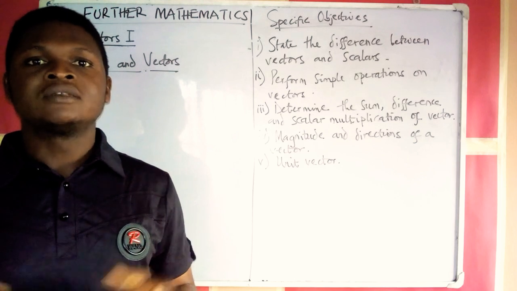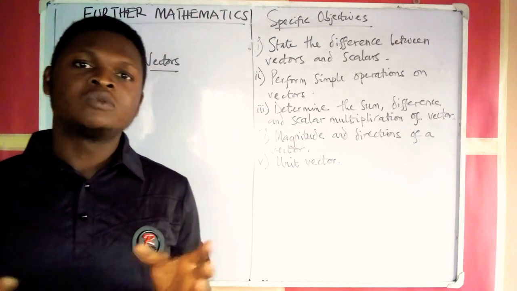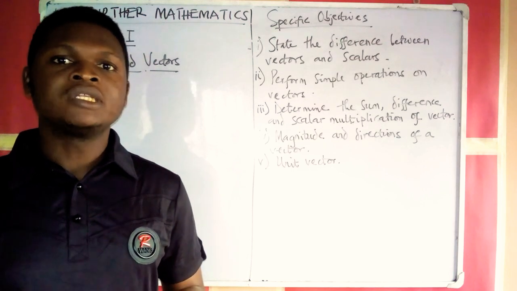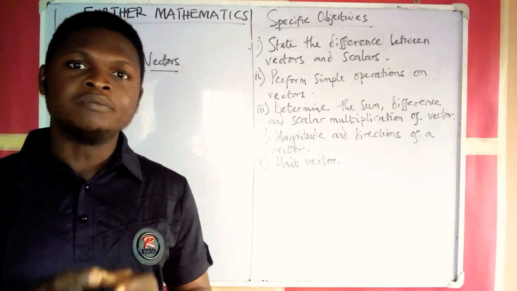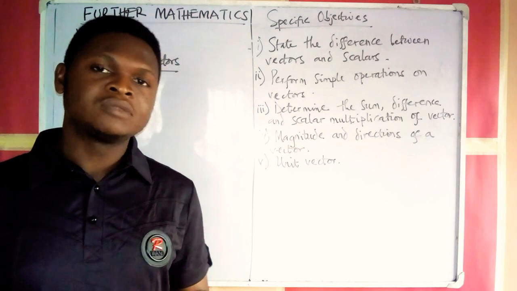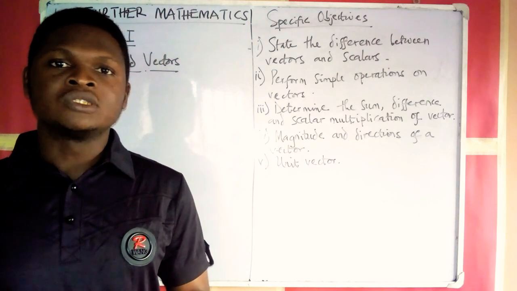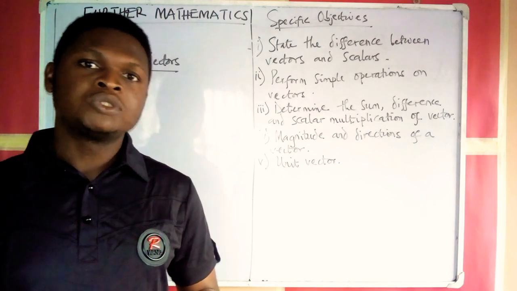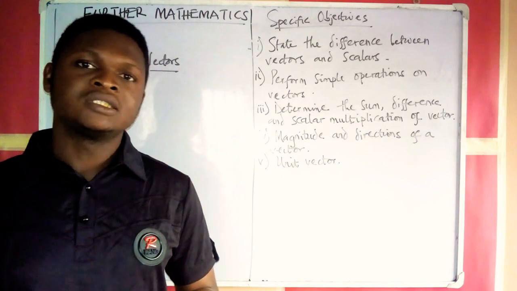So we say that vector quantities are those physical quantities that have both magnitude and direction. So meaning that they can be specified in both magnitude and direction. Now, recalling the examples of scalars which we have treated in our previous classes.